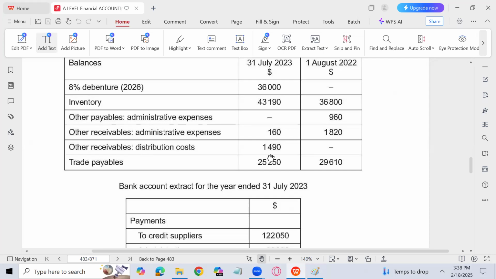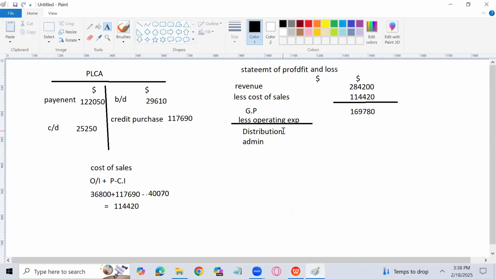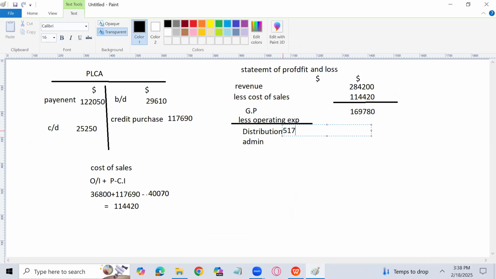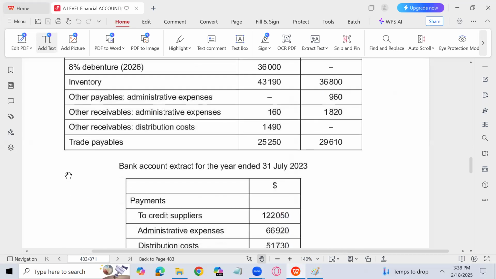It is an expense, and an expense cannot be received. If other receivables means it has been paid earlier, before the time, that is a prepaid distribution cost of 1490. So I will write 51730 minus 1490. So what is the amount? Let me see. What is the answer?